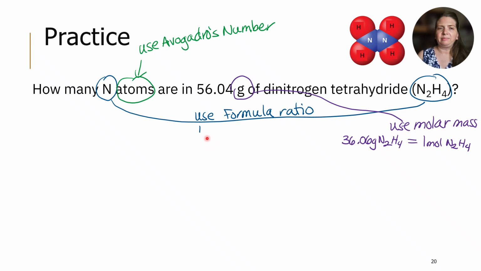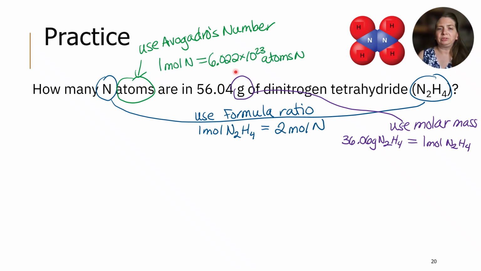From the formula, 1 mole of N2H4 is equal to 2 moles of nitrogen. The subscript on the nitrogen tells us this ratio. Lastly, let's look at Avogadro's number. 1 mole of nitrogen atoms equals 6.022 times 10 to the 23rd atoms of nitrogen.